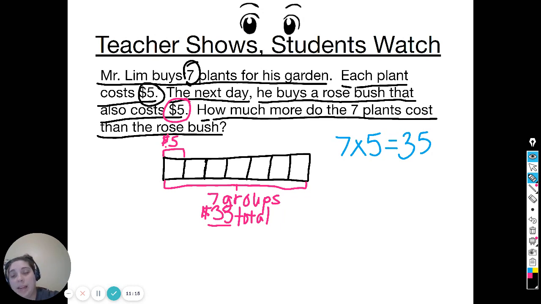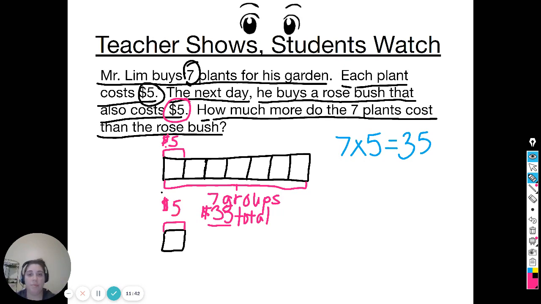And I'm going to line it up exactly starting at the same spot as this one. And I'm going to make the piece the same size as this one, because I know that this is $5, just like the one on top is $5. Because he bought this rose bush for $5.